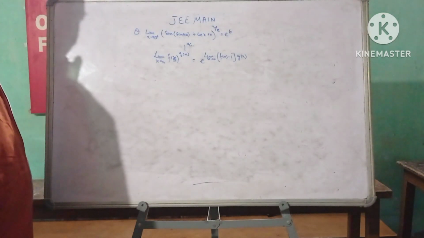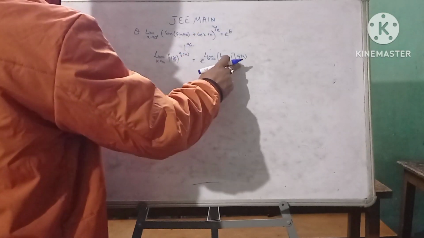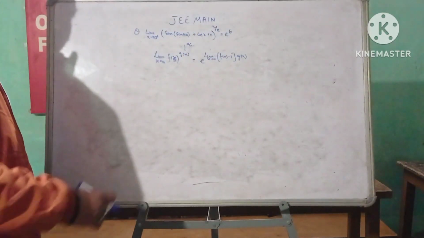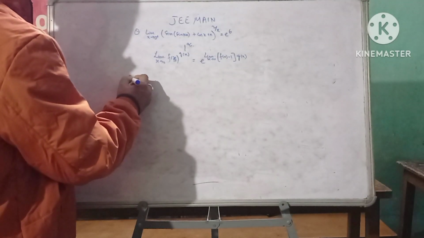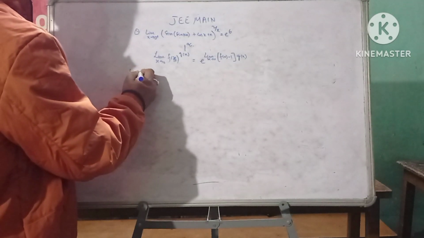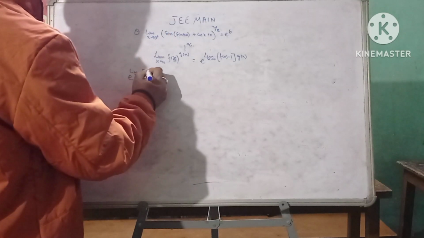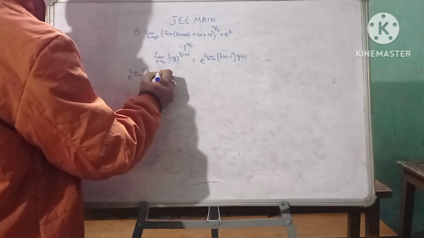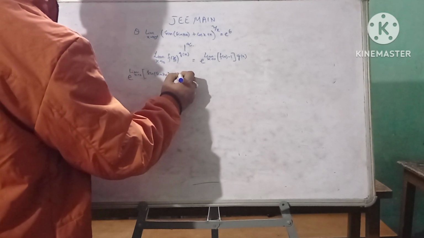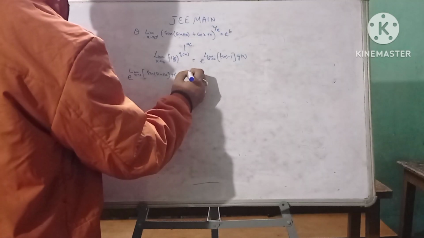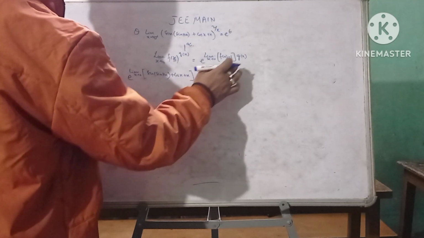So, according to this rule, it will be e to the power of the limit as x tends to 0, where your f(x) is sin kx plus cos x plus x, whole power, sorry, not 2 by x, g(x).